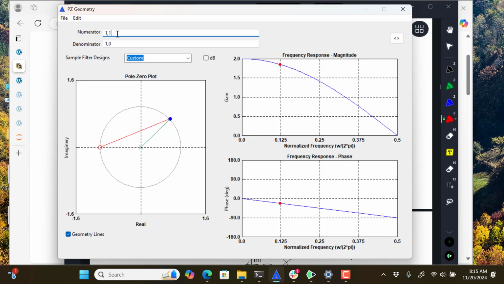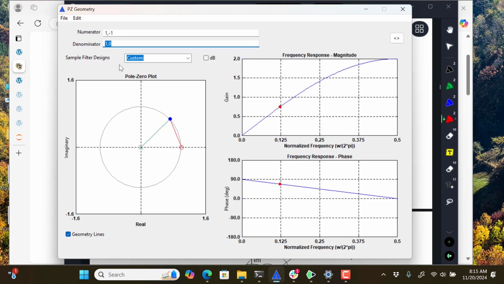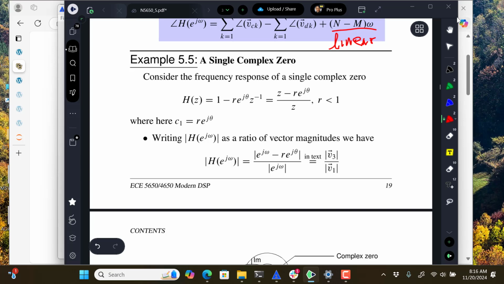If I move that over, it moves the zero over here, but I'm going to use it in the way I have it shown here. And this just gives you an idea of the vectors that I was talking about. So as I move around on the unit circle, which is what I'm doing with the mouse, and that blue dot there, we're talking about the ratio of this vector magnitude to this vector magnitude. And that's exactly what's going on right here in the notes.